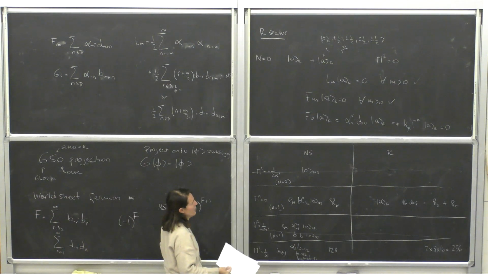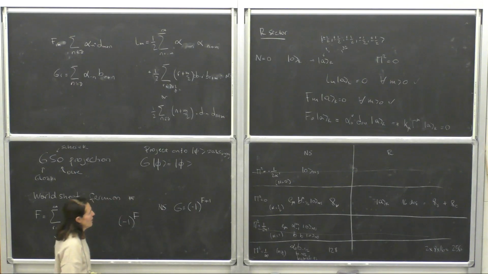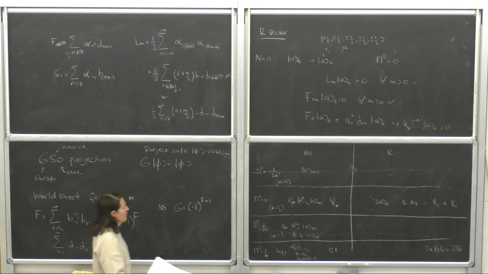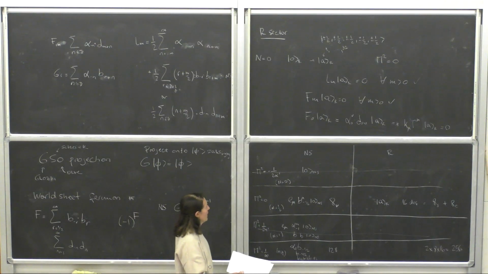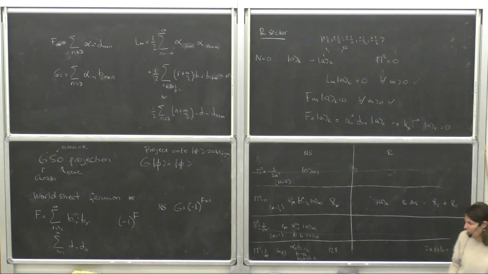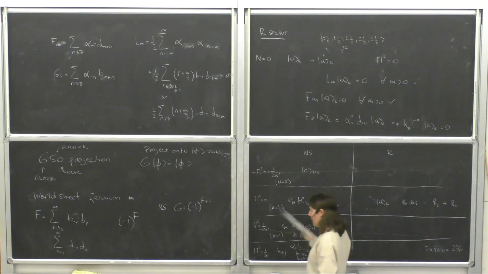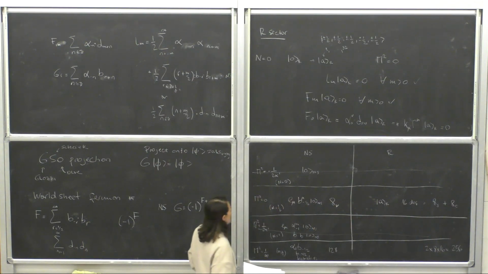And in the heterotic string, in these non-supersymmetric projections that you can do, there are 5 different ways. No, sorry, 5 different in total. In the heterotic, I think it's only one where you get rid of the tachyon. The other 4 have tachyons.